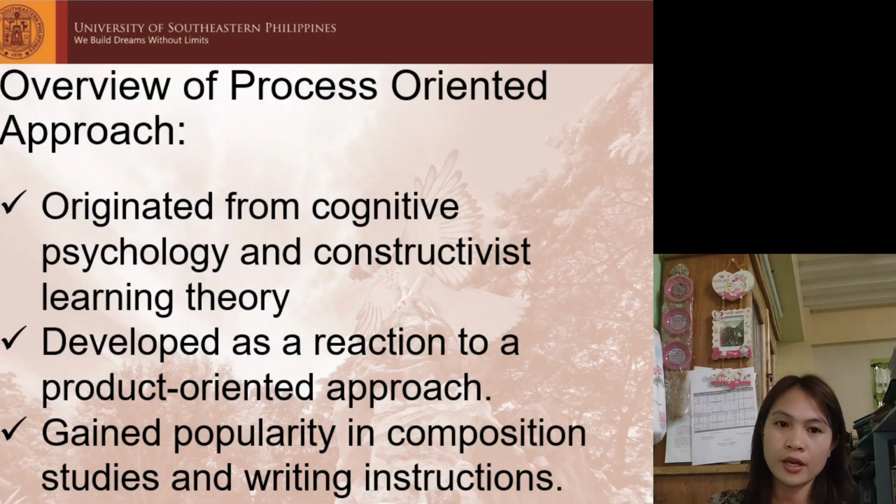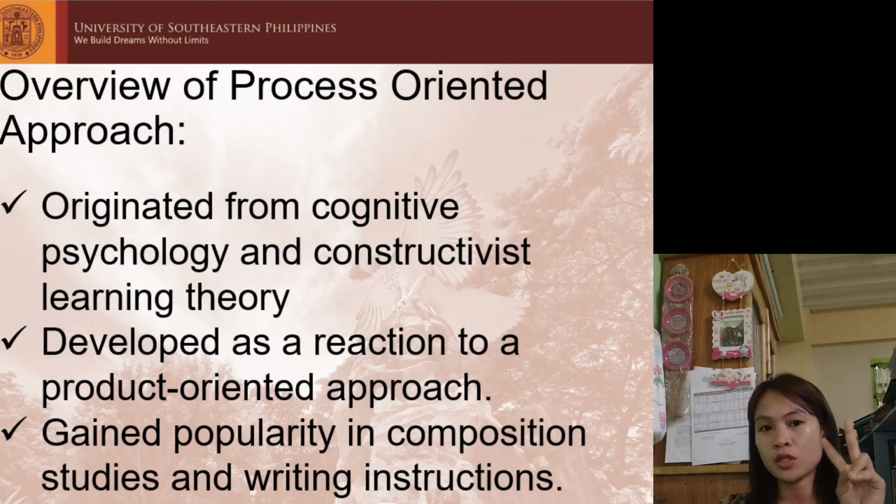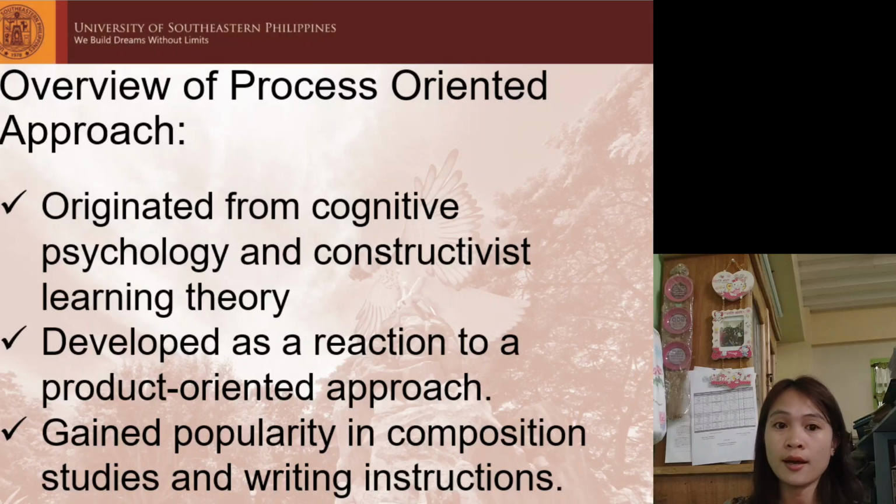Now, let's have a quick background on the creation of the second approach, which is the process-oriented approach. It originated from cognitive psychology and constructivist learning theories in the 1970s and 1980s. It was developed as a reaction to the product-oriented approach, which focused on the final outcomes.